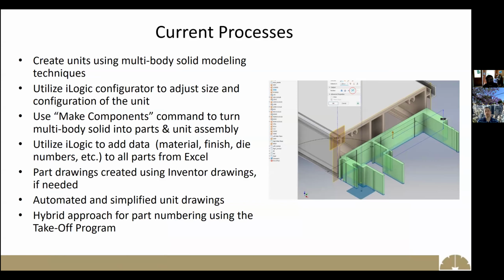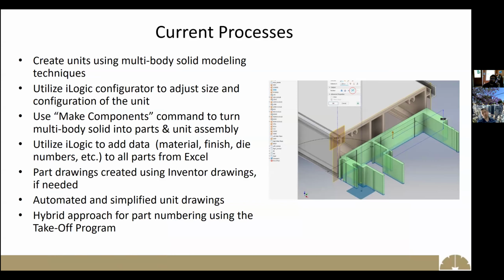We've spent a lot of time figuring that out, documenting the different processes we're using, and then figuring out how to create unit drawings, part drawings when needed, and different things like that.